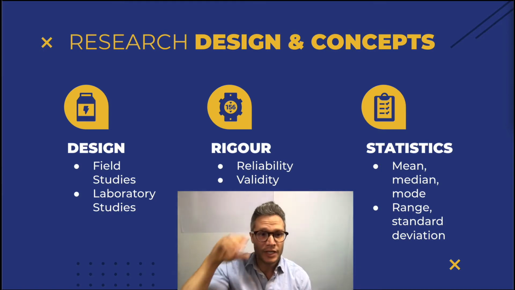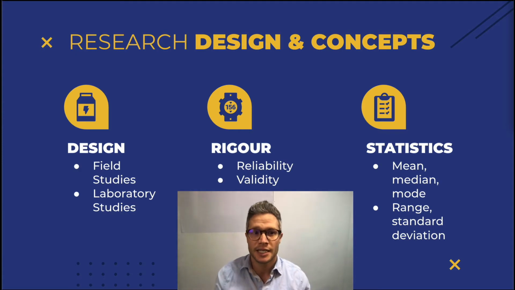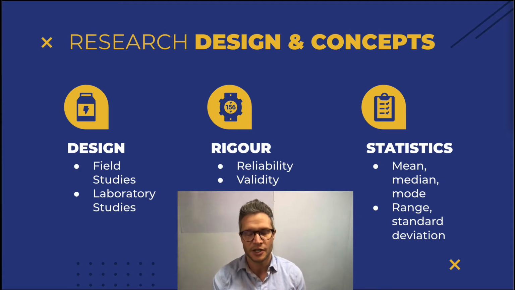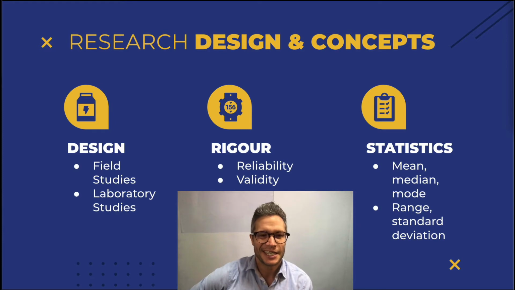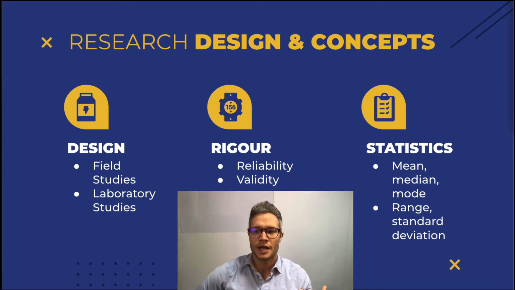So if we look at design in exercise physiology research, you're typically looking at one of two things: either field studies or lab studies. Now, obviously, we'll be in the lab most of the time, technically your lab. And that will have a certain outcome, because you can typically control more variables.